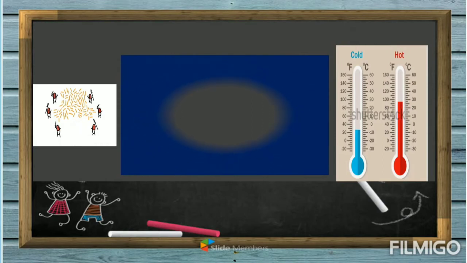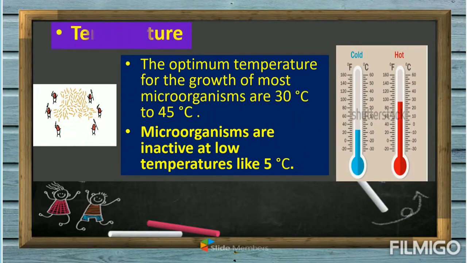So another factor that affects the growth of microorganisms is the temperature. The optimum temperature for the growth of most microorganisms is 30 degrees Celsius to 45 degrees Celsius. Microorganisms are inactive, or when we say inactive, not able to reproduce, at low temperatures like 5 degrees Celsius.